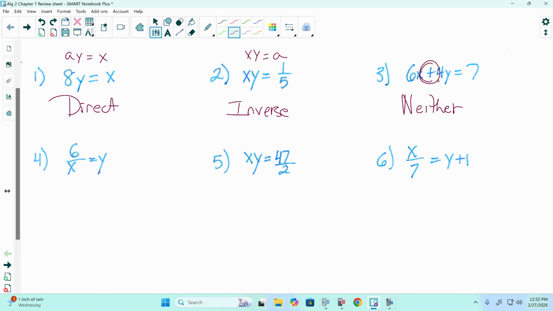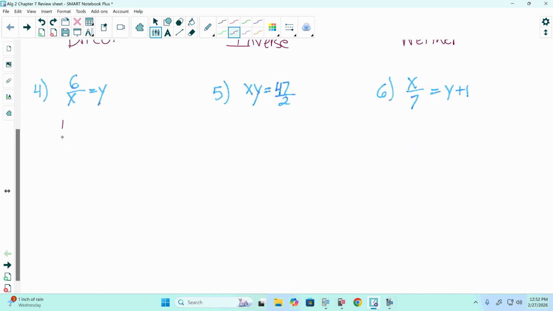The big giveaway is the plus. How about number 4? Inverse. It's really just our y equals a over x, just flipped. Number 5. And lastly, number 6.